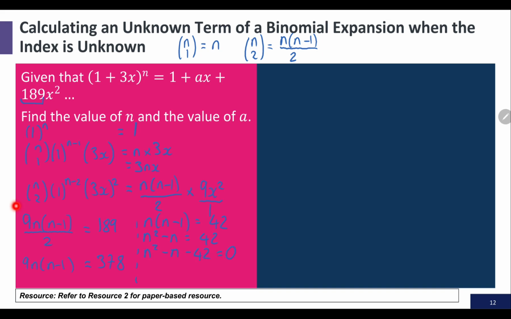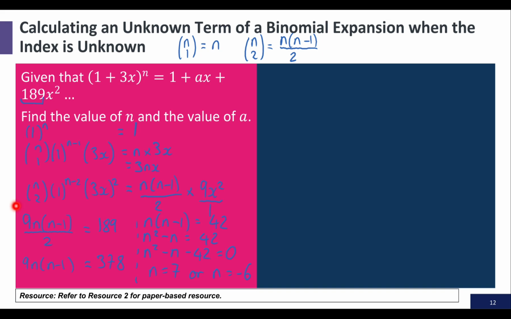Equate to 0. Now you can either factorize or you can use a calculator to solve it. I think n comes out as 7 or n comes out as minus 6. I'm just going to double check that on my calculator. I'm fairly sure it's right. Yep, 7 and minus 6.